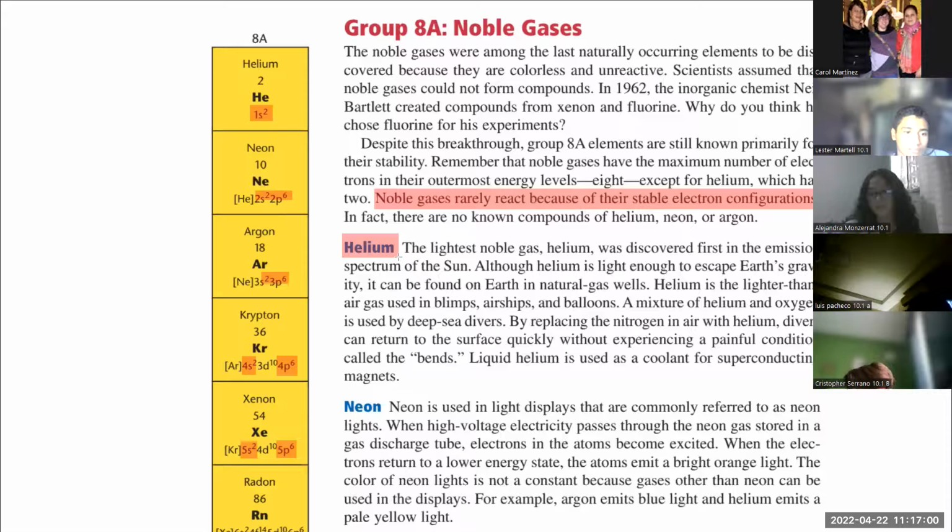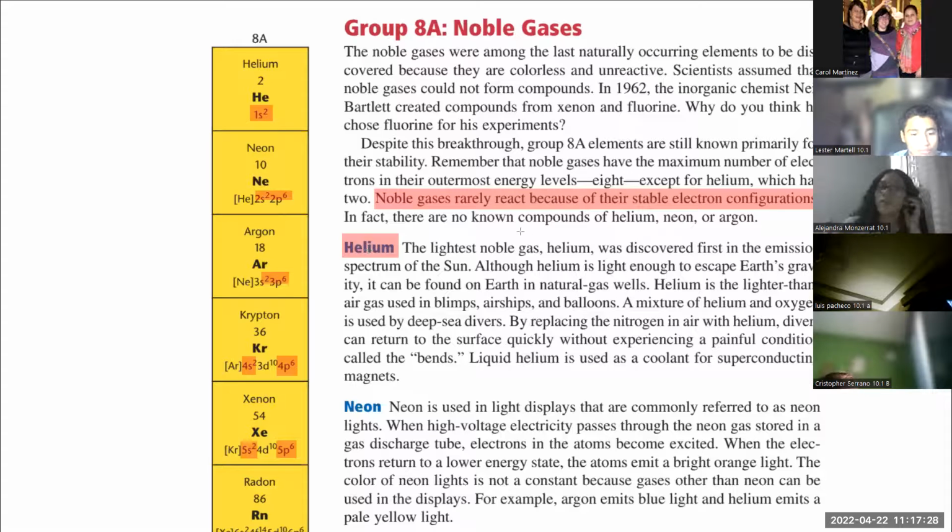Helium is pretty much the most abundant element in the universe, okay? It is very light. That's why the helium balloons rise until you don't get to see them anymore, because they are very light. They are lighter than air, imagine.